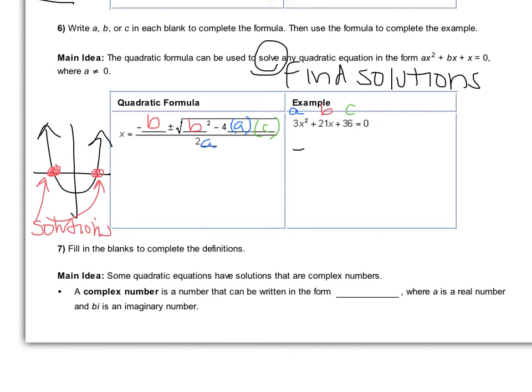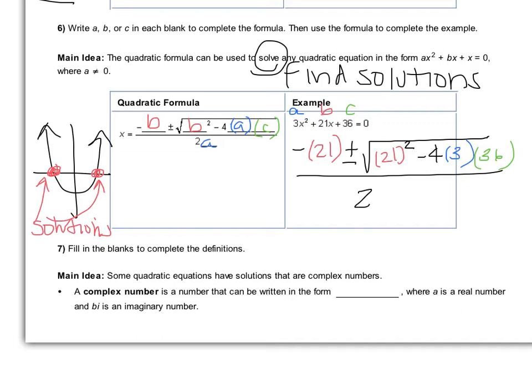So we have negative b, which is 21, plus or minus, that means that one time you're going to add, one time you're going to subtract, the square root of b squared, or 21 squared, minus 4 times a, which is 3, times c, which is 36, all over 2 times a.